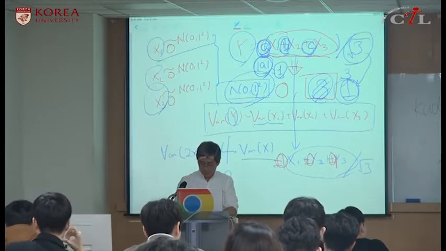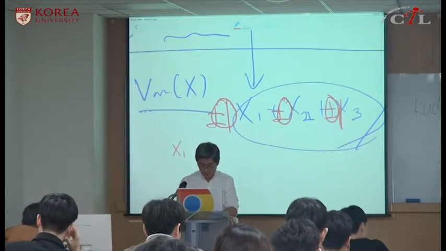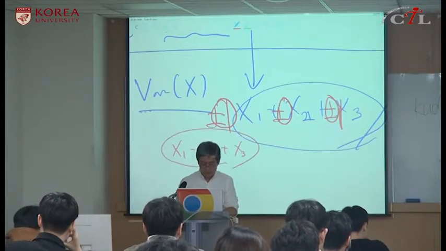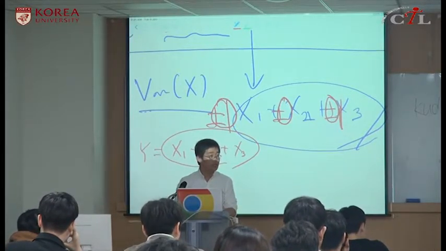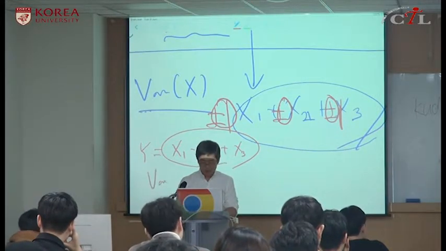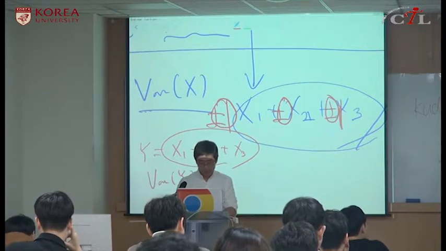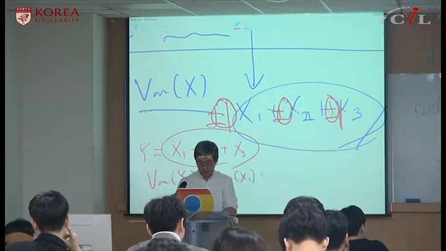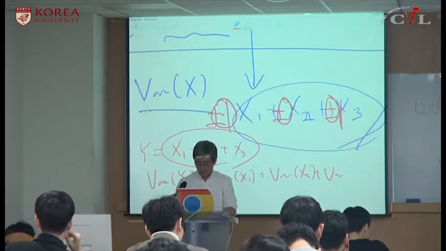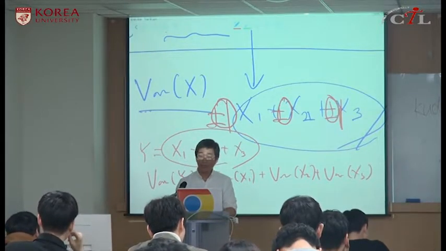So in this case, x1 minus x2 and x3. What is the variance of y in this case? In this particular case, the variance of y is still the same as the variance of x1 and the variance of x2 and the variance of x3, right?